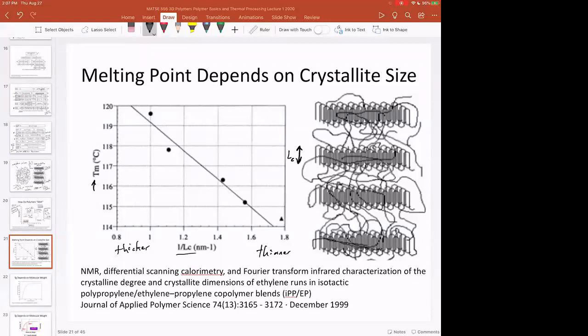And eventually, if you extrapolate this to 0, so 0 on this plot equals 1 over infinity. This is LC equals infinity.